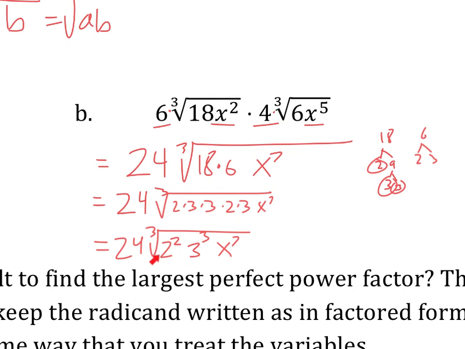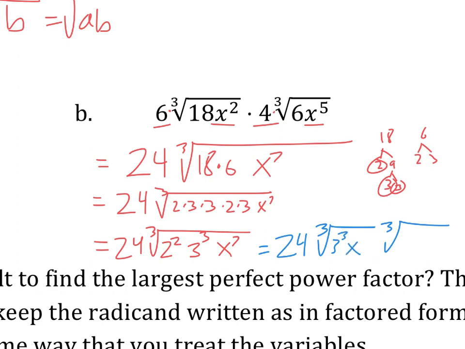Now treat these things just like we did with the variables, okay? We're gonna figure out what we can simplify and what we can't. 24 is gonna just hang out. We're gonna break it up into 2 radicals, what we can and what we can't simplify. Well, I can simplify the cube root of 3 to the 3rd because that's just gonna be 3.